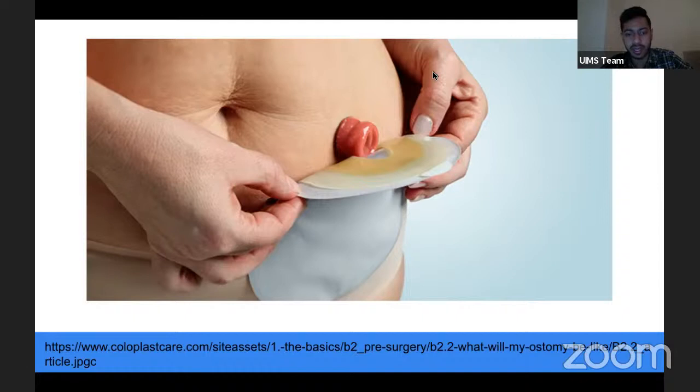What's important here is that we try to assess the consistency of the stool. Is it liquidy or is it solid? These are usually quite suggestive of the status of the patient. Now, in terms of spout, colostomies are usually flush to the skin with no spout.